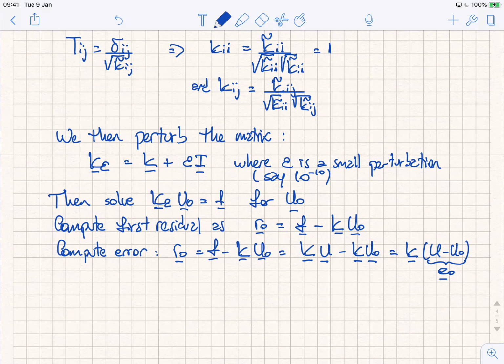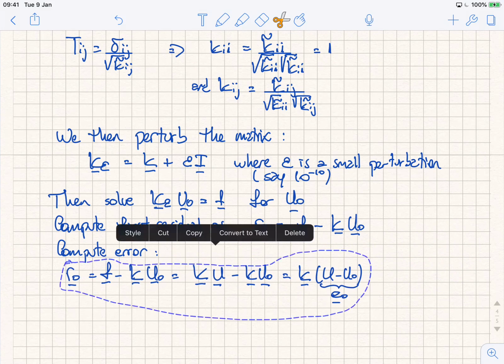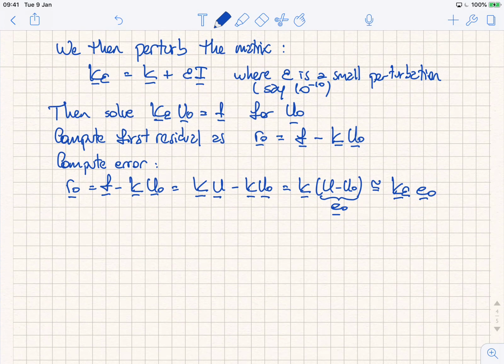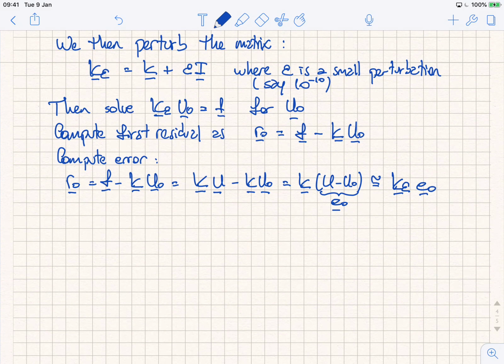So this is approximately equal to k epsilon e naught, because k is approximately equal to k epsilon. Yeah? You guys are following? Are with me?